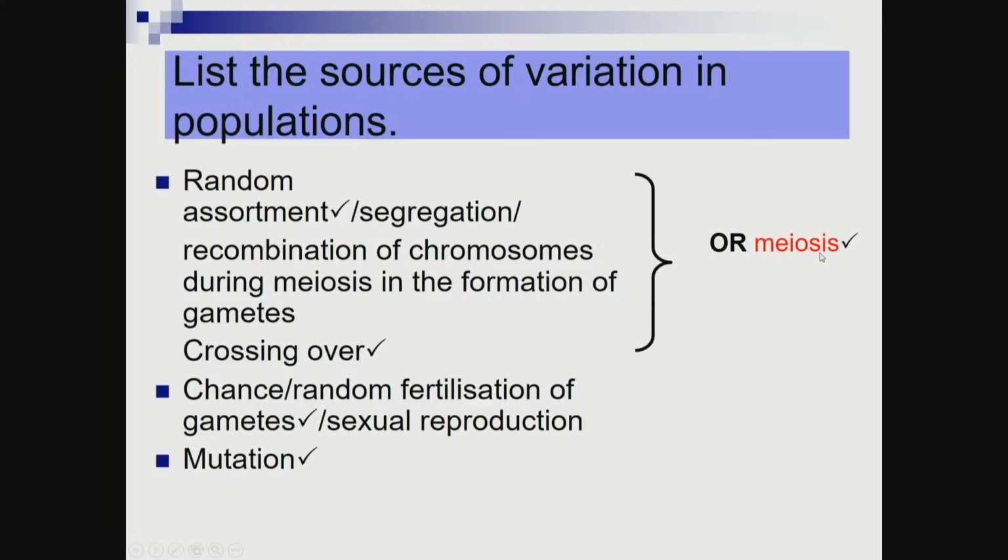So we have meiosis, and then chance fertilization, and then mutation. Remember, random arrangement and crossing over form part of meiosis. So if you have to name the sources, name meiosis, and then chance fertilization and then mutations.